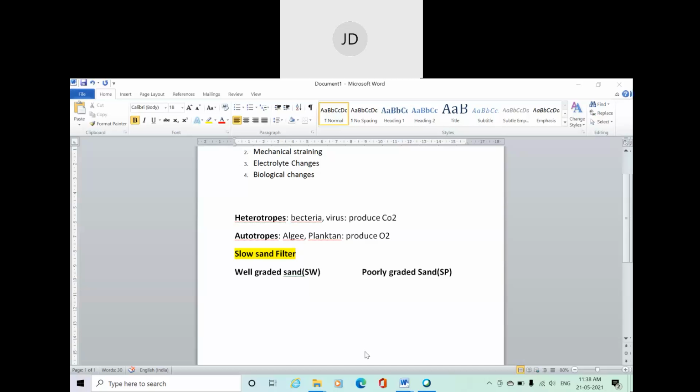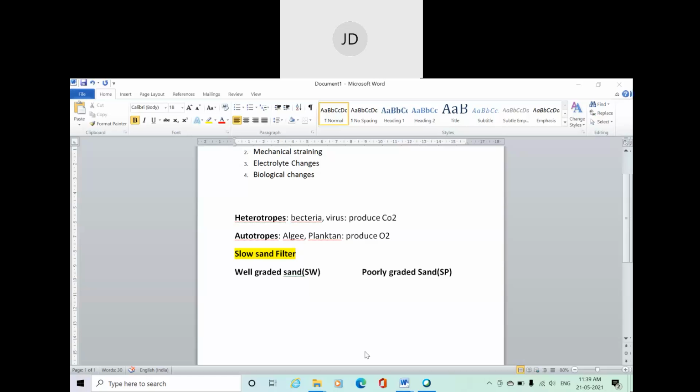That means it is a very slow process of treating water. In case of the slow sand filter, the voids are very few. So in case of the slow sand filter, biological changes are dominant. That means due to the biological changes only, the slow sand filter can treat the water.